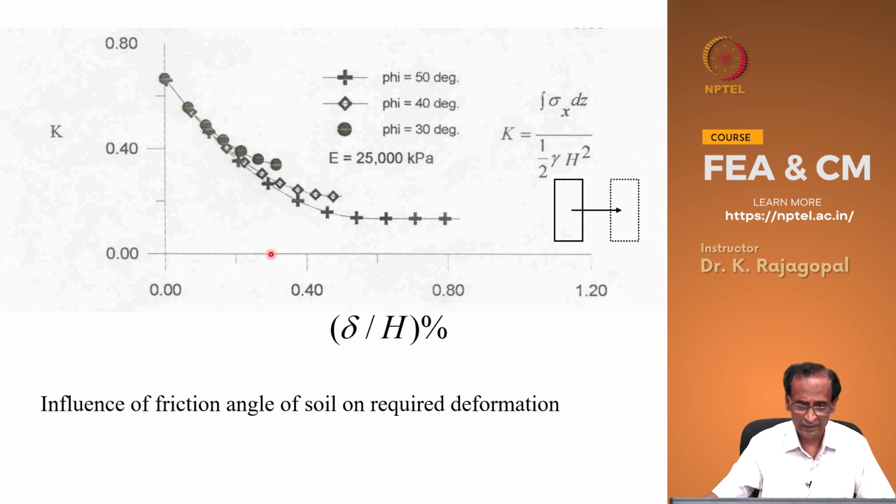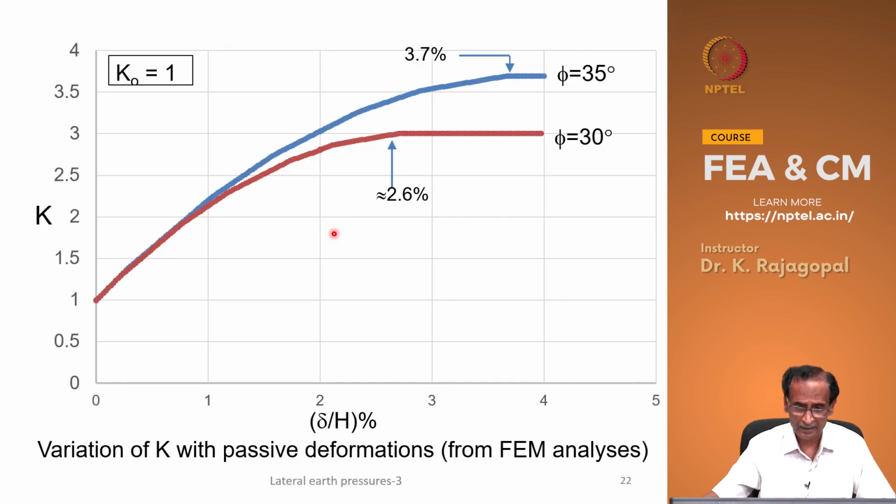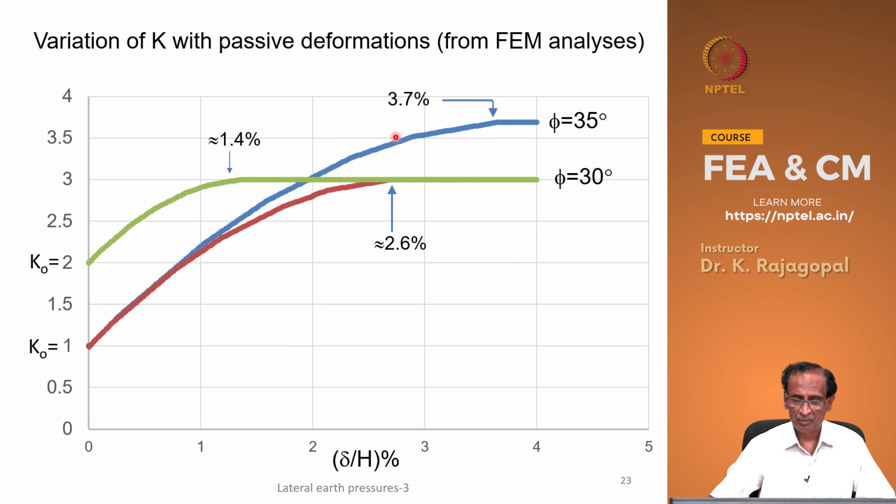This is for E of 25,000, and for 40 degrees you need about maybe 0.45 or something. But in the case of passive, you require much larger deformations, 2.6 and 3.75, and this is the result with two different K0 values, K0 of 1, K0 of 2.